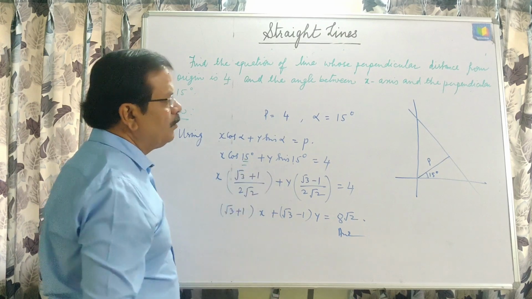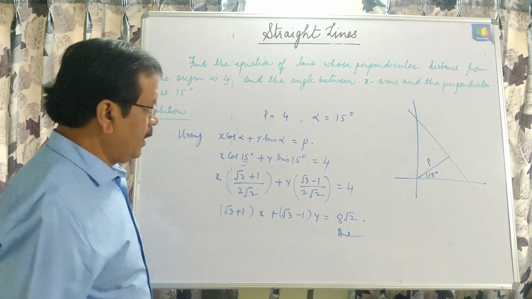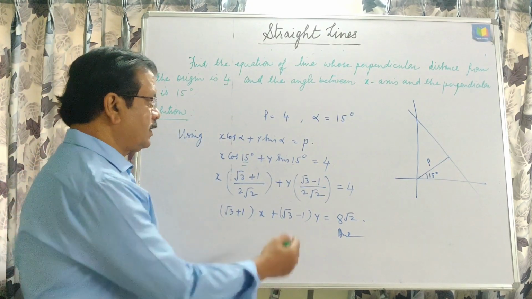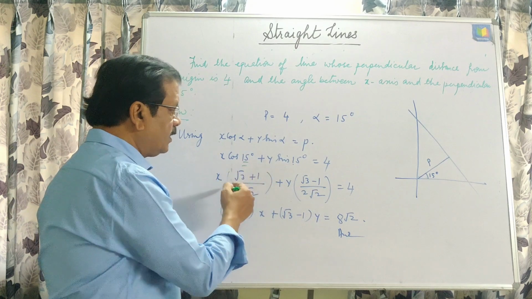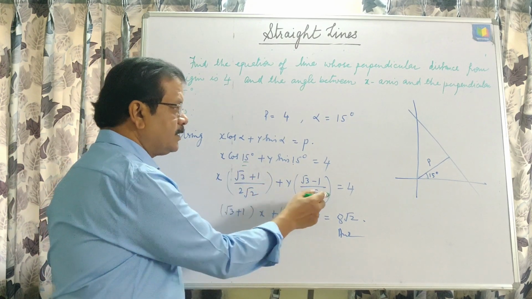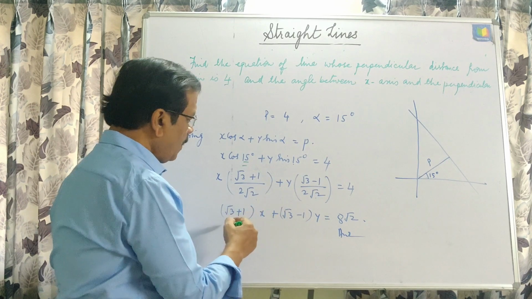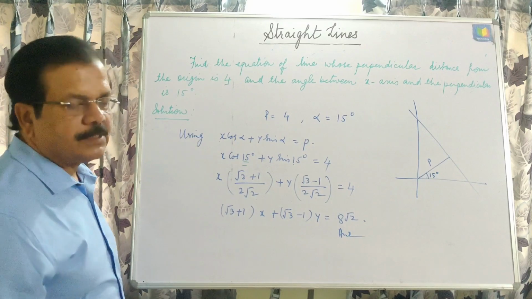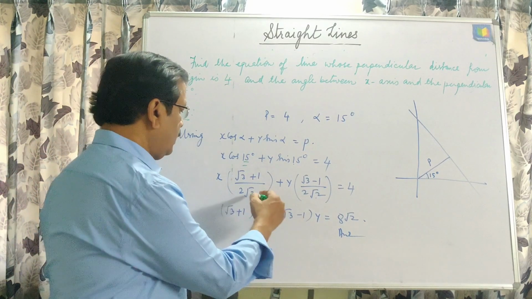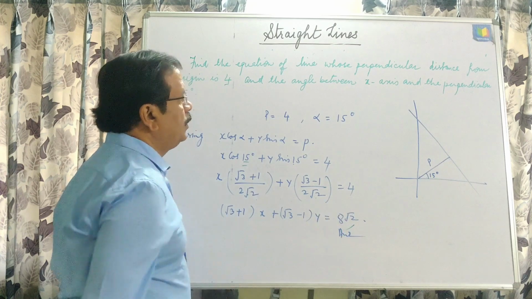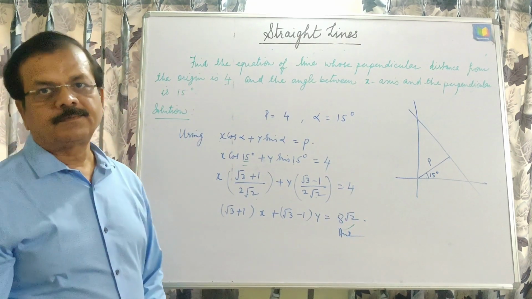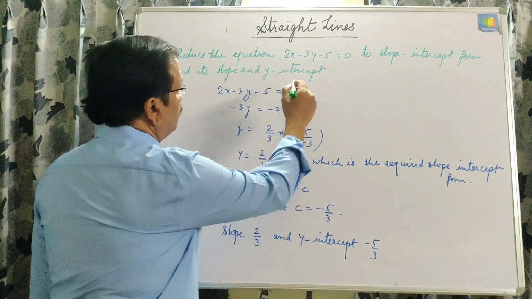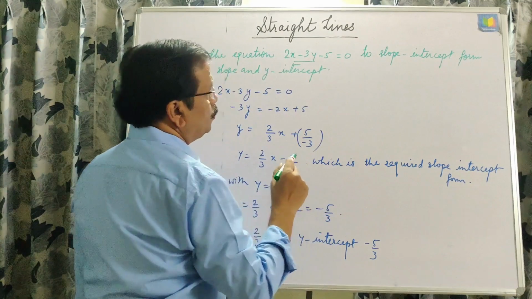You can find the value of cos 15 degrees in any way, that is 45 minus 30, using cos of a minus b or sin of a minus b, and you will ultimately get cos 15 degrees and sin 15 degrees, and then this will be (root 3 plus 1) x plus (root 3 minus 1) into y is equal to 8 root 2.